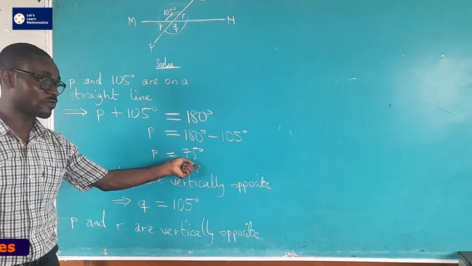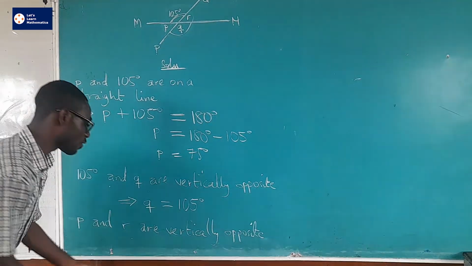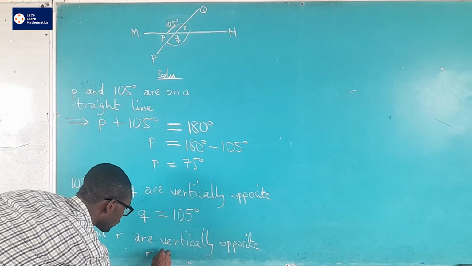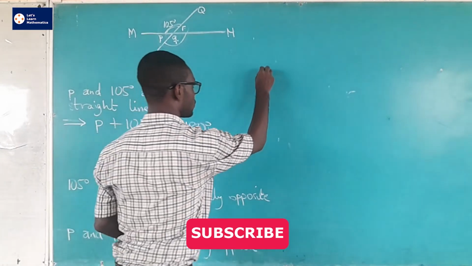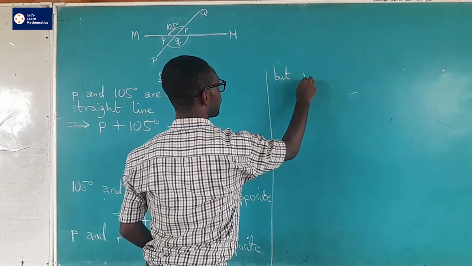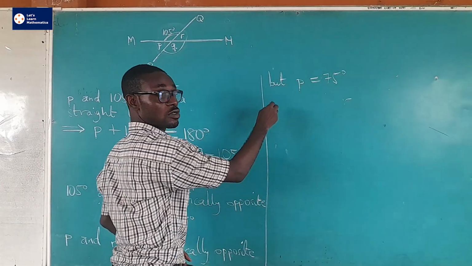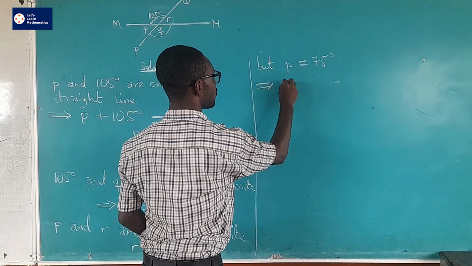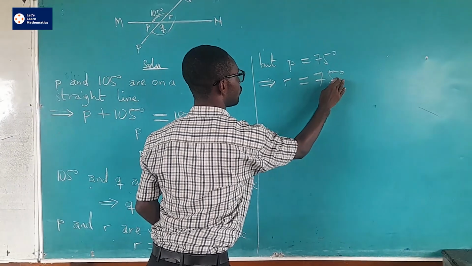Since P is 75, it simply means that R is also 75. So since they are vertically opposite, R is equal to P. But P is equal to 75 degrees. So it implies that R is also 75 degrees.